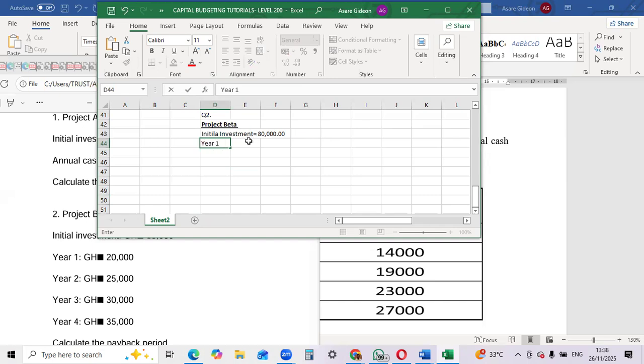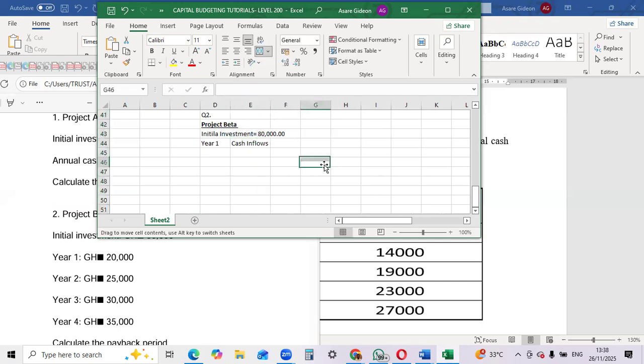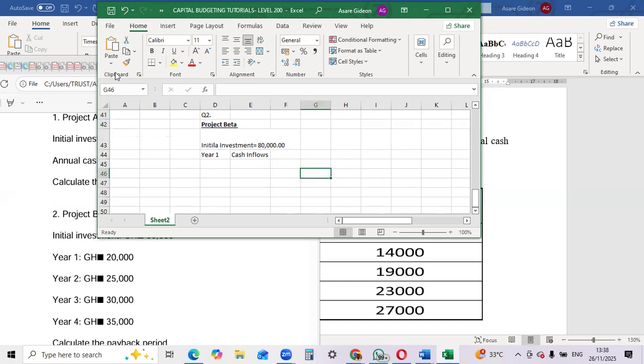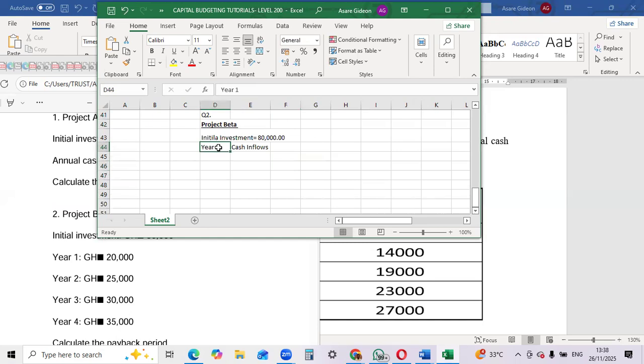And so let's say this is the column for the cash inflow that you are going to receive for every year, right?